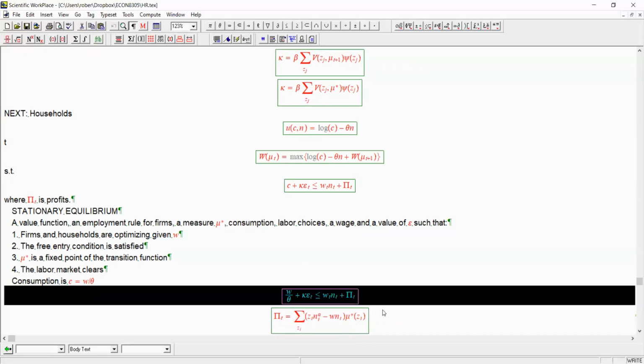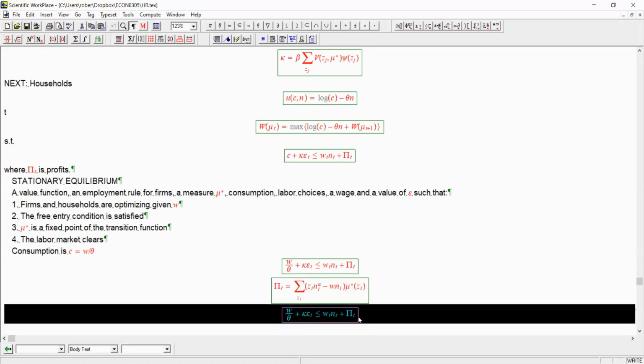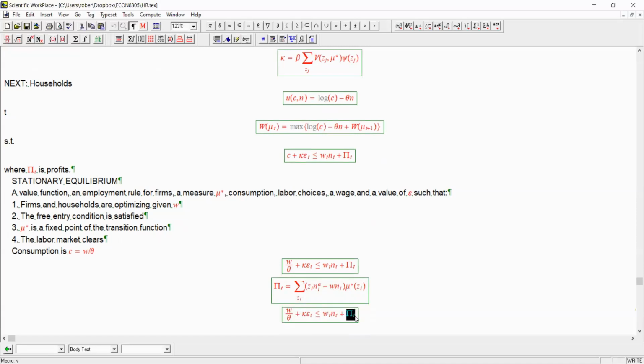So let's plug this into the above. And this is what we get. This is going to simplify.